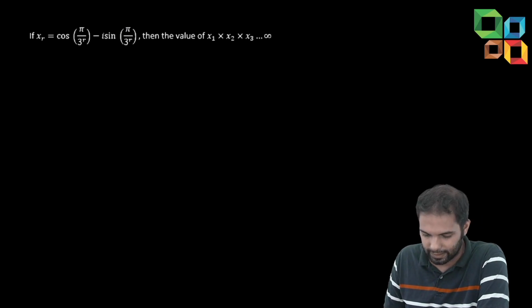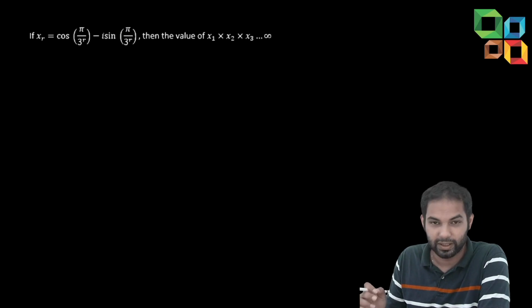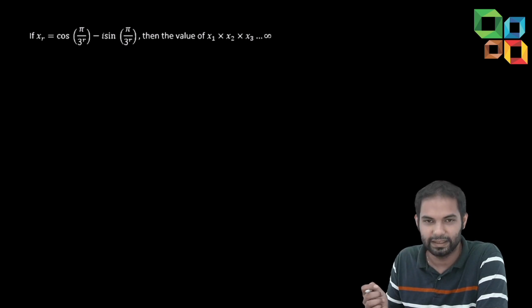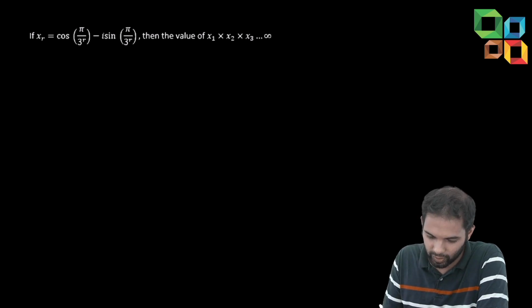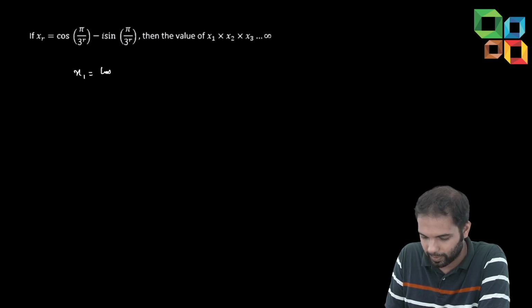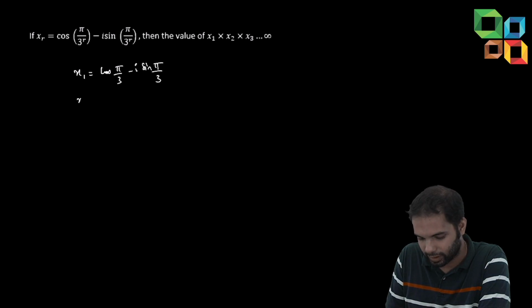So X_r is given as (cos of pi by 3 power r) minus i (sin pi by 3 power r). So what will X1 be? Okay, so it will be cos of pi by 3 minus i sin pi by 3. X2 is cos pi by 9 minus i sin pi by 9.